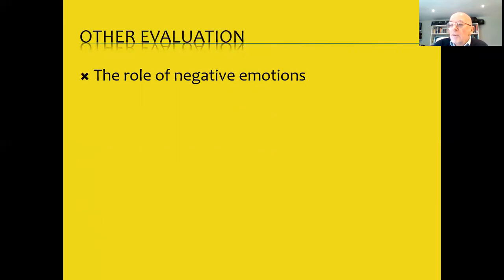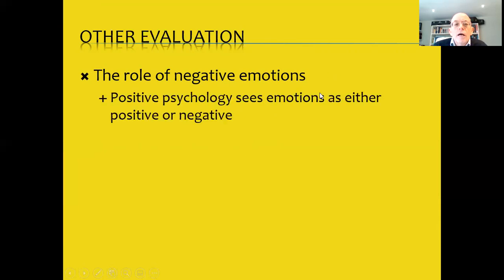So if the positive approach is really focused on positive and happy emotions, then how does it deal with the fact that we all do experience negative emotions? We do experience sadness and anger and all those kinds of things. And often emotions are mixed. So an emotion like anger, for example, might seem like a completely unhelpful thing.